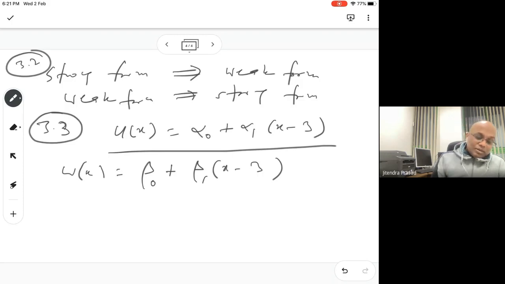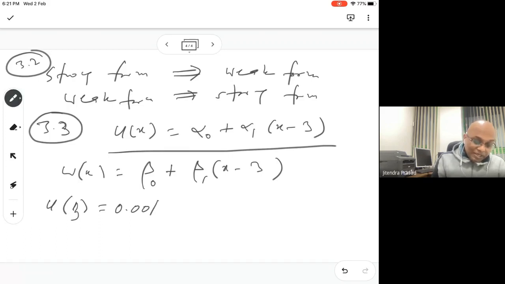As I said earlier, you have to know the values to begin with. We know u at 3 is equal to 0.001. That's given. Accordingly, we have to find this value to begin with.